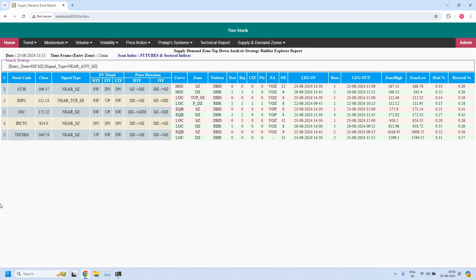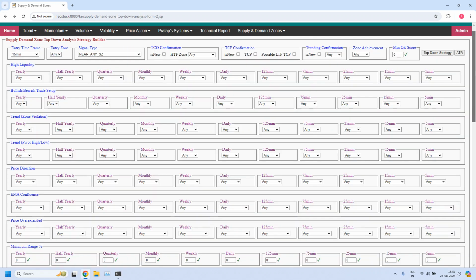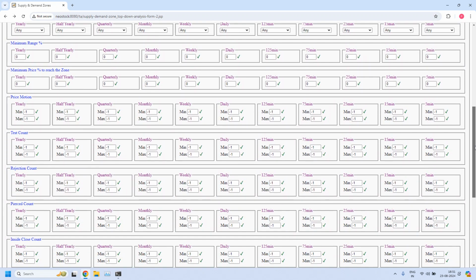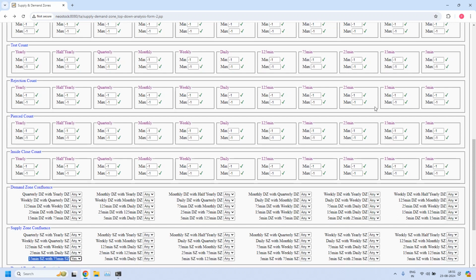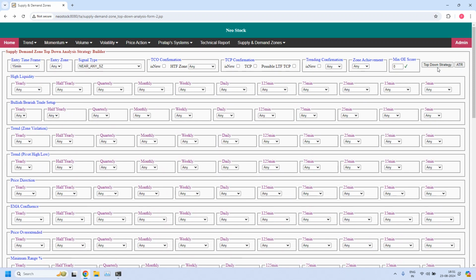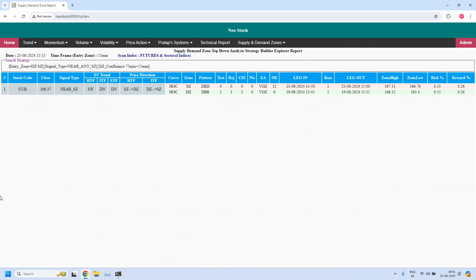Now let us verify if any of these stocks are having confluence with ITF time frame, that is 15 minutes and 75 minutes supply zone confluence. So I am enabling 15 minutes and 75 minutes supply zone confluence. With this filter, we identified only one stock. The supply zone is having 15 minutes and 75 minutes zone confluence.